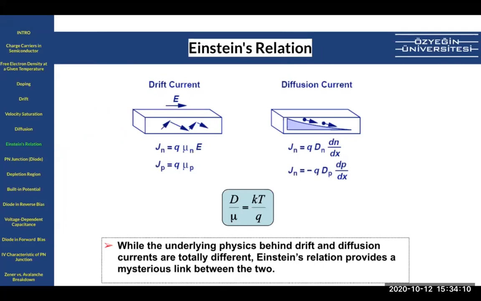Okay, we were here. We talked about Einstein's relation here. So Einstein relation is again saying that the drift and the diffusion constants are related to each other. Okay, and basically, when we want to calculate the total current in a structure, we need to consider the drift current mechanism, and we need to consider the diffusion current mechanism.